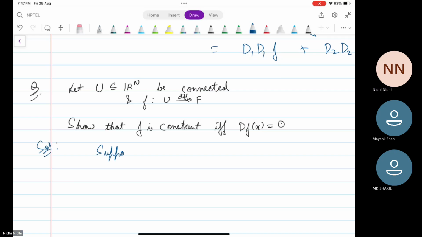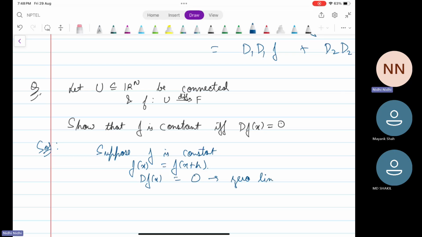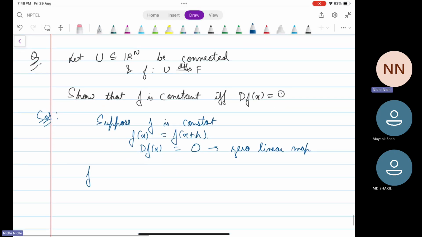Suppose f is constant, in that case we have fx is equal to fx plus h. So if I take dfx to be the zero linear transformation, the zero linear map, we get fx plus h minus fx minus dfx at h upon norm h.